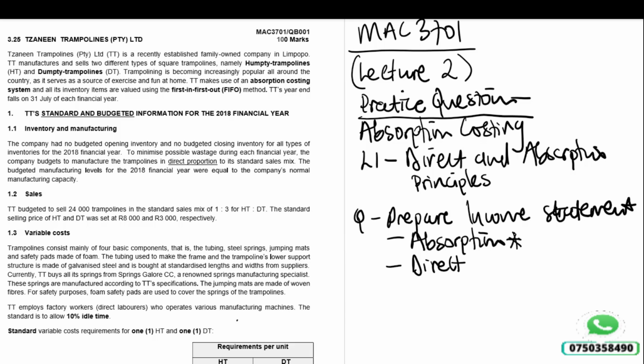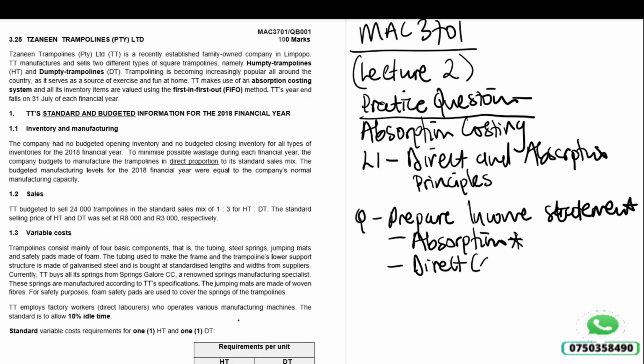You will come across direct costing when you do your CVP analysis, your transfer pricing, your relevant costing, and various other topics. So when they ask you to prepare an income statement, asking under direct costing seems like repetition, so they mostly ask on absorption costing.